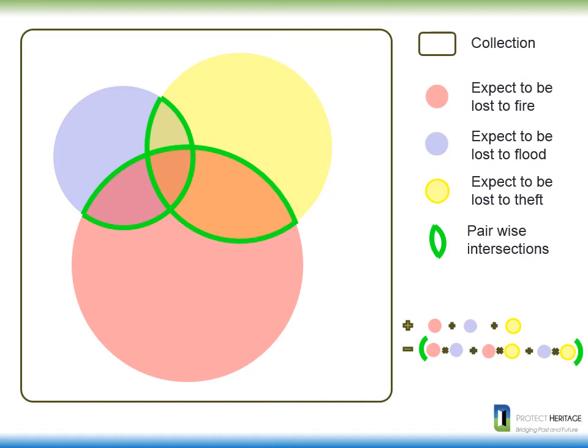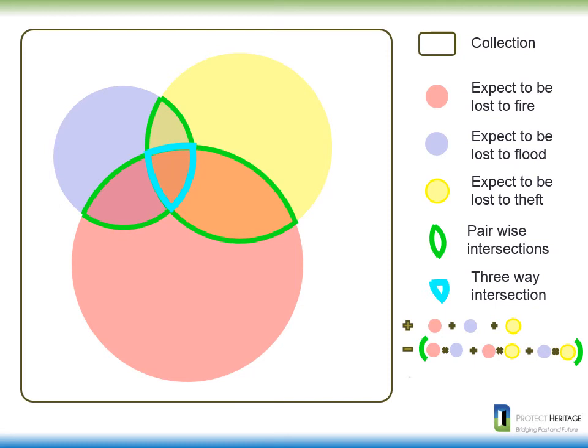If we do that, we can see that this central area, here outlined in blue, would have been added to our result 3 times, once for each of the 3 risks, and then subtracted out 3 times, once for each of the pairwise combinations of risk. We need to add back this 3-wise intersection 1 time in order to get the proper answer for our total risk.